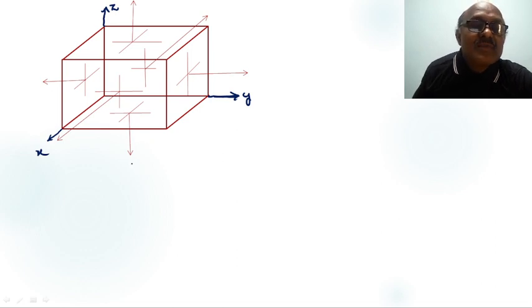So on this face, this is sigma x, this one is tau x in y direction, that is plus, and this is tau x in z direction, plus.